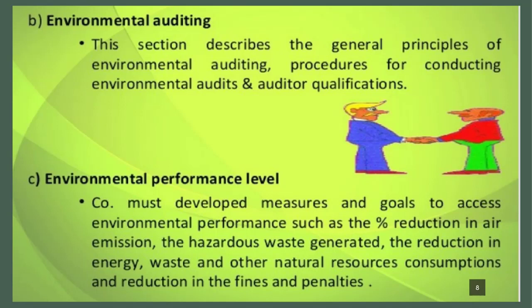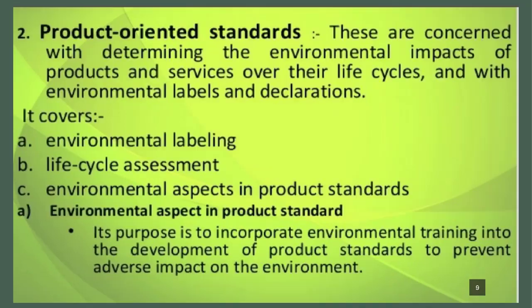That means they need to plan it properly and keep some range based on the standard. Suppose in the first audit it may be 90%. In the second audit, what are the measures? Before the second audit, they will take some precautions to reduce that. On the second audit, they should find how much reduction is happening. So that is called environmental performance evaluation.